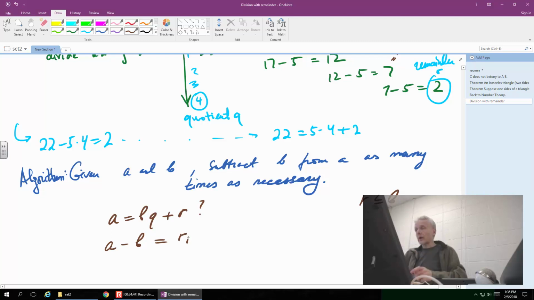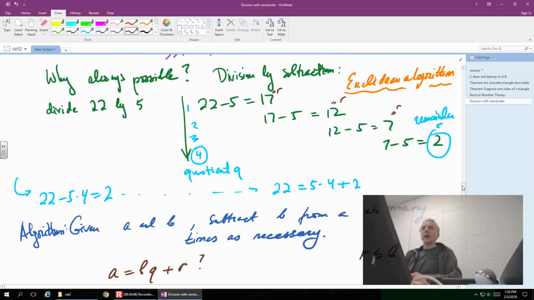So that's the process I have described over here that we want to accomplish. R1, R2, R3, and finally after 4 steps we arrived at R4, that is our remainder. Until then, 2 was not less than 5, and so we could not stop.